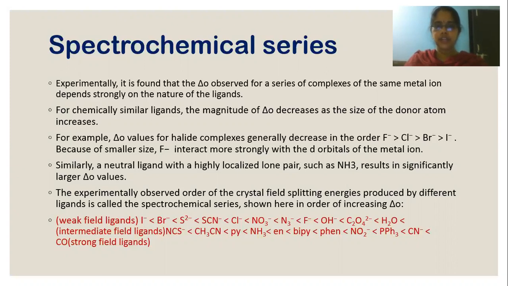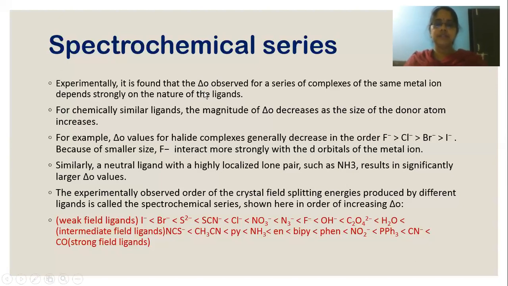The difference in energy obtained after the filling up of the electrons in the Eg and T2g sets of orbitals is called the crystal field splitting energy, and that is represented by delta. So here delta O represents the crystal field splitting in an octahedral complex.